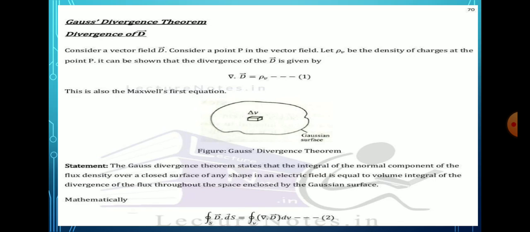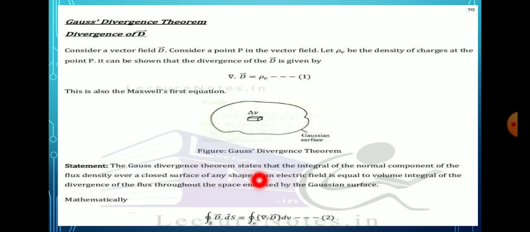Closed surface integral of the flux density of any shape in an electric field is equal to the volume integral of the divergence of the flux throughout the shape enclosed by the Gaussian surface.